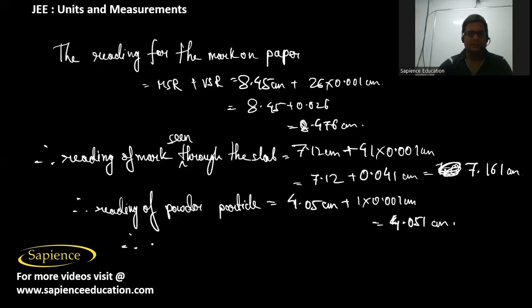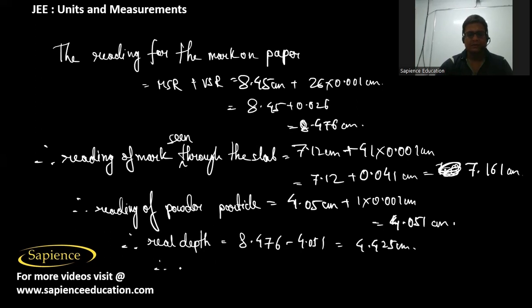Therefore, from here we can find the real depth of the mark, that is 8.476 minus 4.051 centimeter, that is 4.425 centimeter. And therefore the apparent depth will be equal to 8.476 minus 4.051.